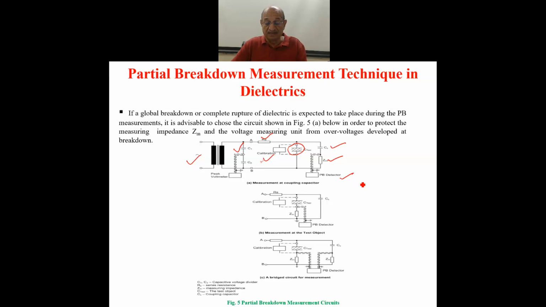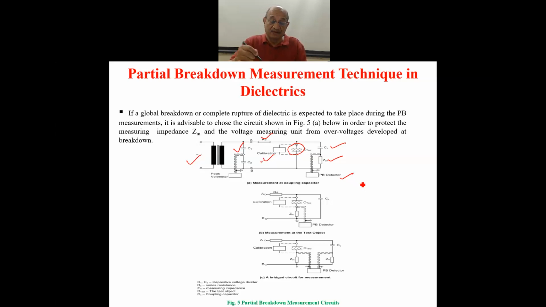What should be the sensitivity? What does sensitivity mean? It is the minimum value of discharge which can be identified and recorded by the PD or PB detector. That is the sensitivity: the minimum value of discharge current in the breakdown which can be located by the detector.